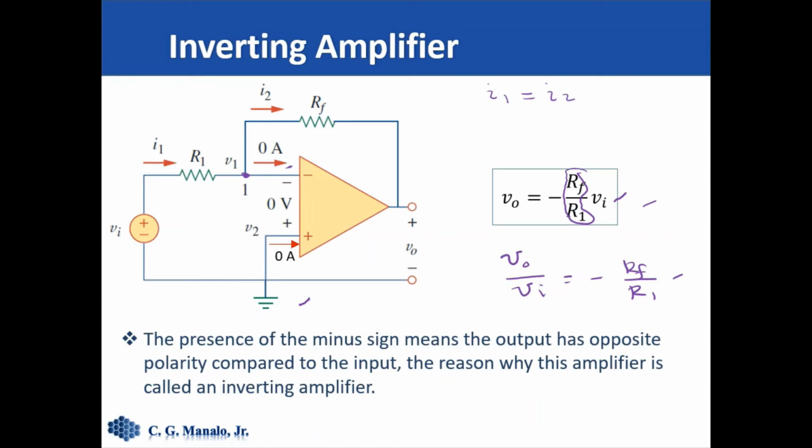I sub 1 can be written as V sub I minus V1 divided by R1, while I2 can be written as V1 minus V naught divided by R sub F. But V1 is equal to V sub 2, which is tied to the ground.